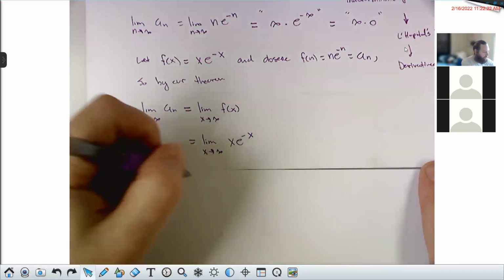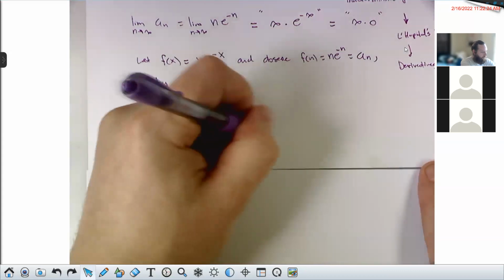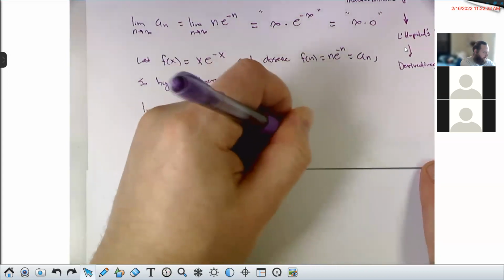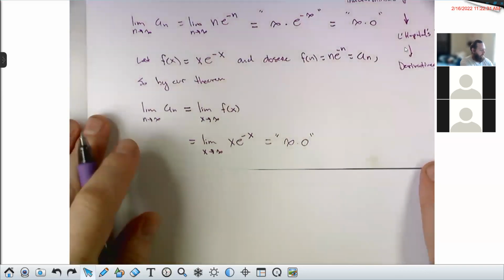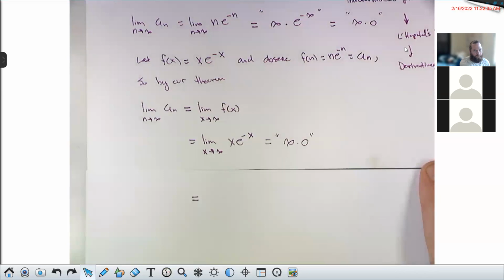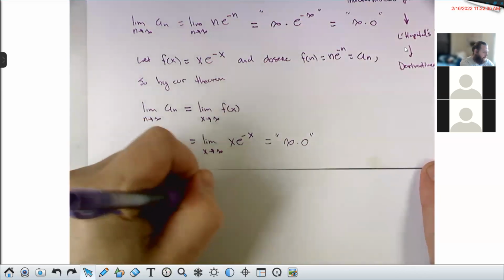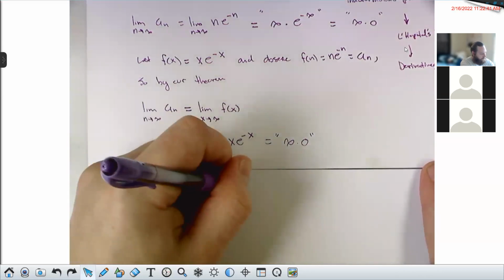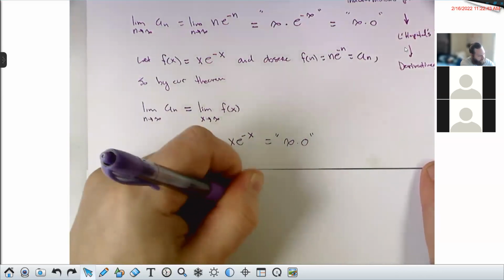So I can do all the normal L'Hopital's rule stuff here, right? Now I'll remind you kind of how this is done. This again looks like infinity times 0. So I need to put it into a form where I can use L'Hopital's rule. L'Hopital's rule only applies to indeterminate ratios.